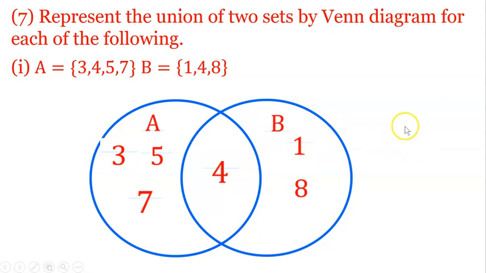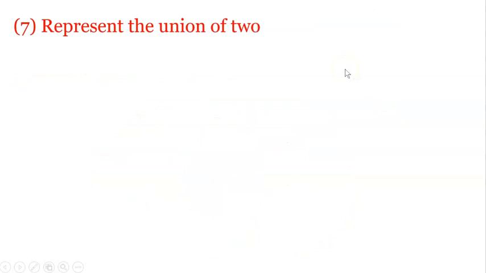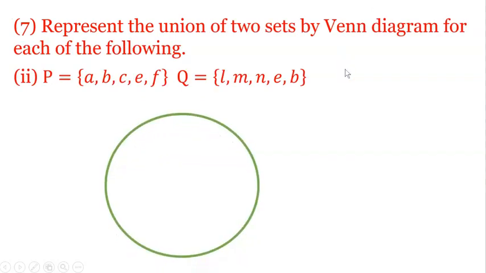Okay, in this way we will represent the union of the two sets by Venn diagram for sets A and B. Next example, P is equal to {A, B, C, E, F}, Q is equal to {L, M, N, E, B}.